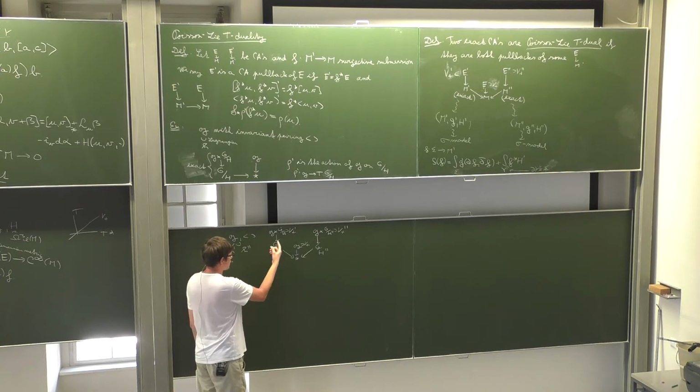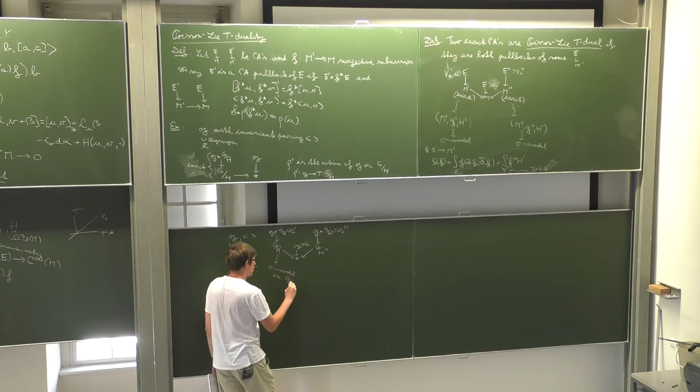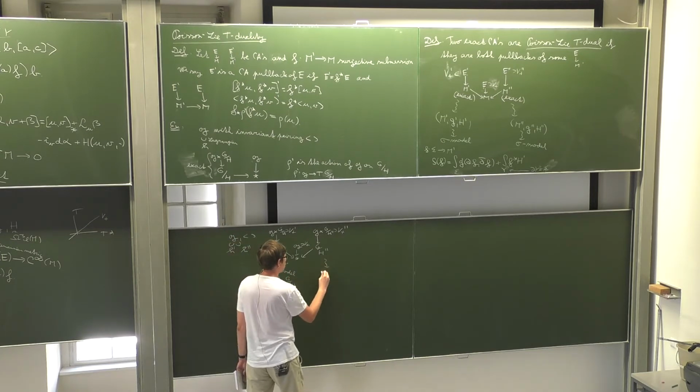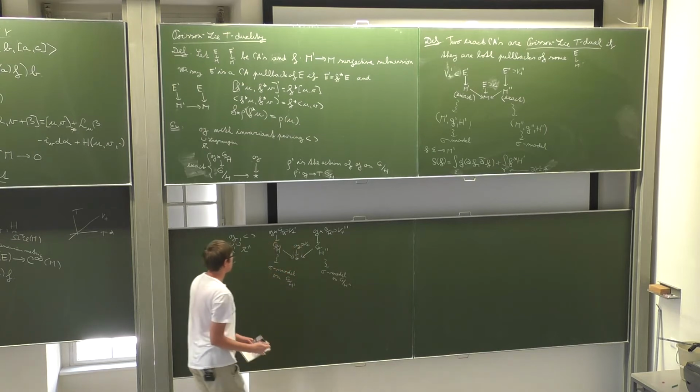So eventually we get a sigma model on the target G mod H prime, and here we get a sigma model on G mod H double prime.